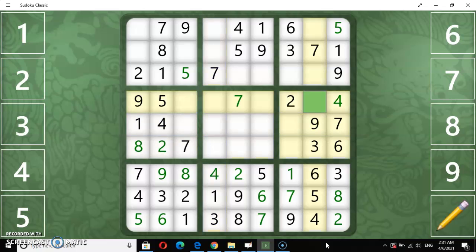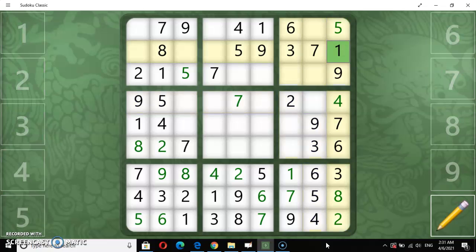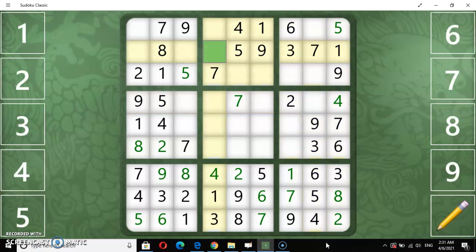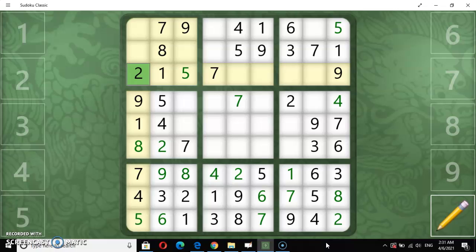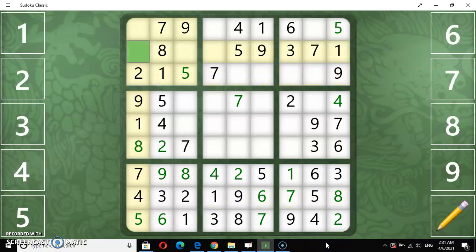Then we have 1, 2, we don't have 3, 2 we don't have, 4 and 6, 2 4 6. Here I can write 6 because 2 is here and 4 is here. Now we need 2 and 4, so I cannot write 4 here because here is 4, so I write 2 here.